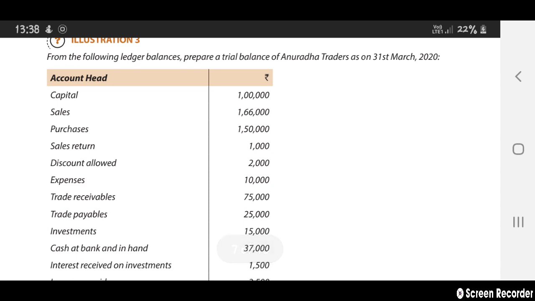Let us take an illustration. From the following ledger balances, you have to prepare a trial balance of Anuradha Traders as on 31st March 2020.